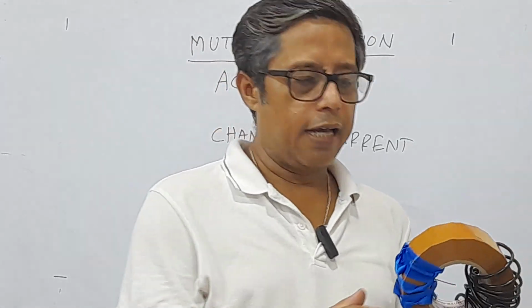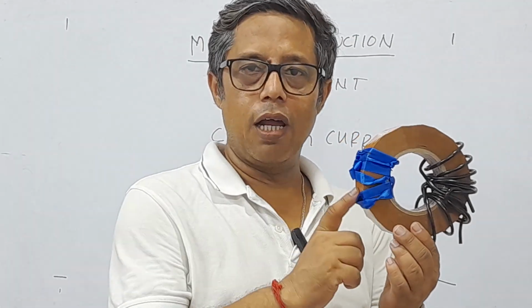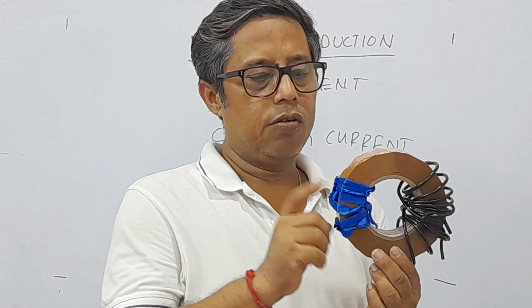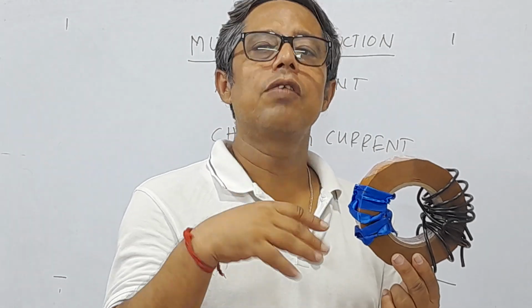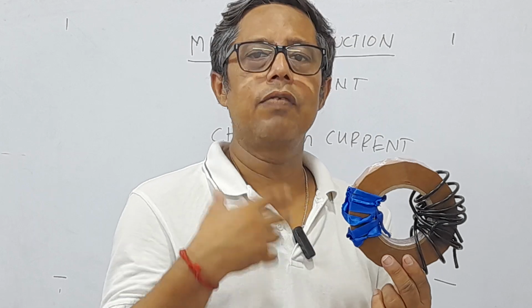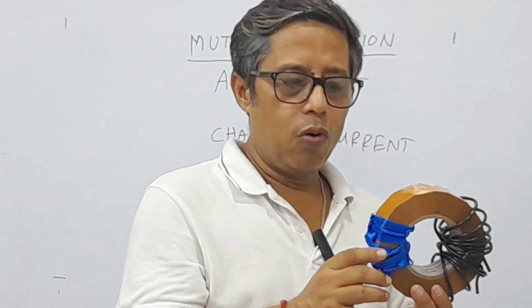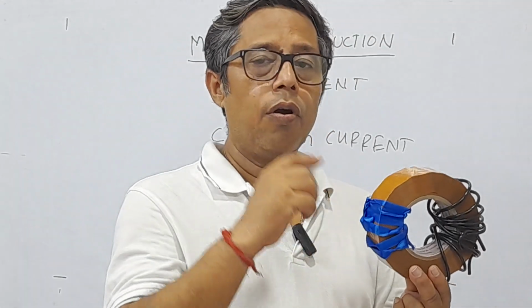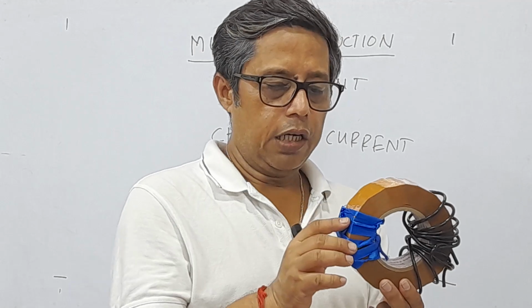But what is happening is that we are sending current in the primary coil, and that current is alternating current. Alternating current means the magnitude of the current is varying with time. As all of you know, current produces a magnetic field, so varying current produces a varying magnetic field.